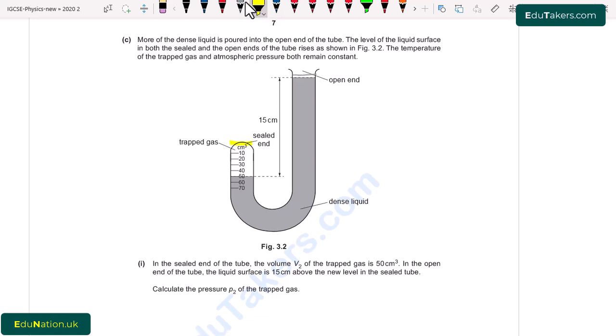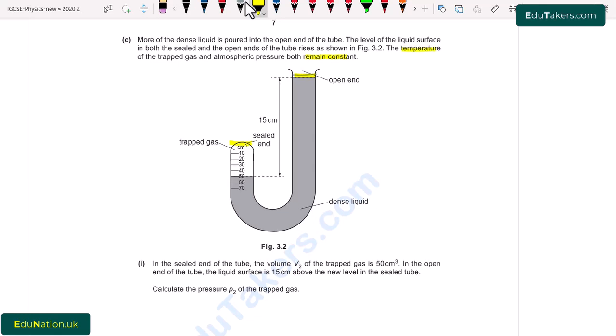The level of the liquid surface in both the sealed and the open end of the tube rises as shown in figure 3.2. The temperature of the trapped gas and atmospheric pressure both remain the same. It means that the temperature remains the same.